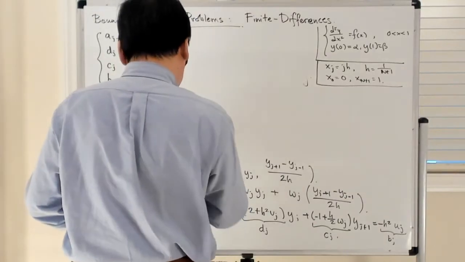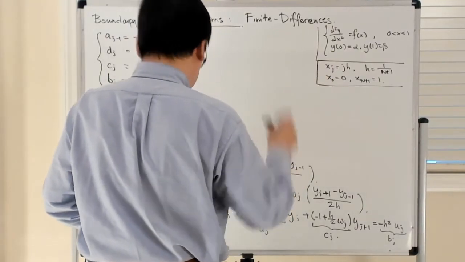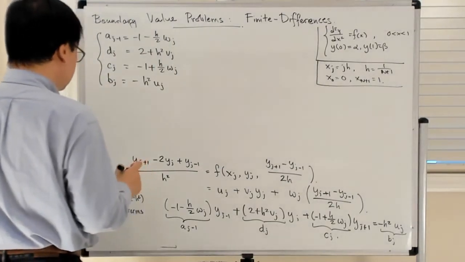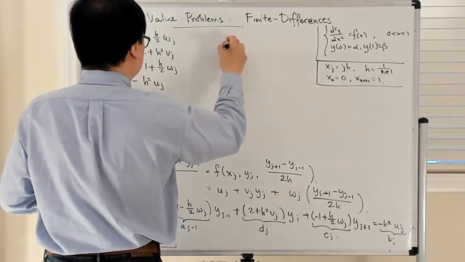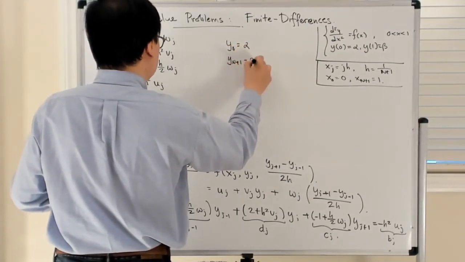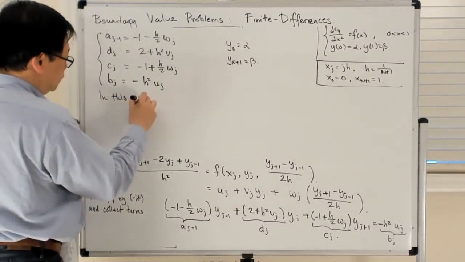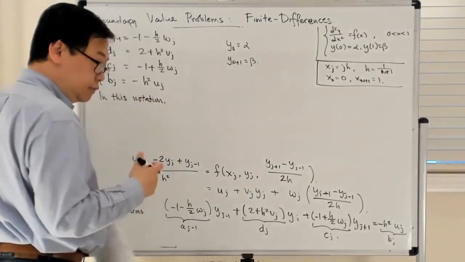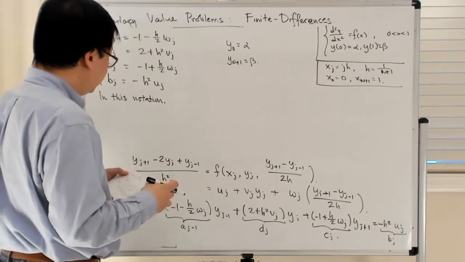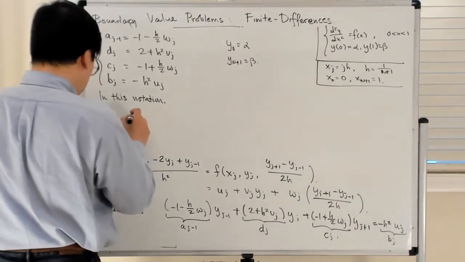Then I can rewrite the finite difference approximation of this more general linear case in the following way. And of course, you have the usual boundary conditions: y0 is equal to alpha, yn plus 1 is equal to beta. So in this notation, we have the following system for the finite difference approximation of the general linear boundary value problem.